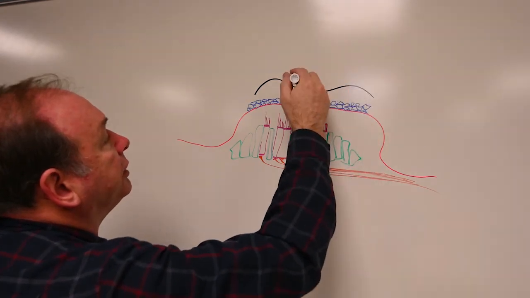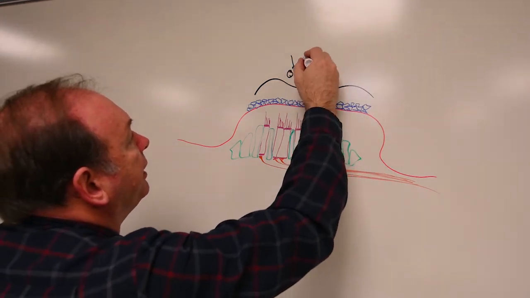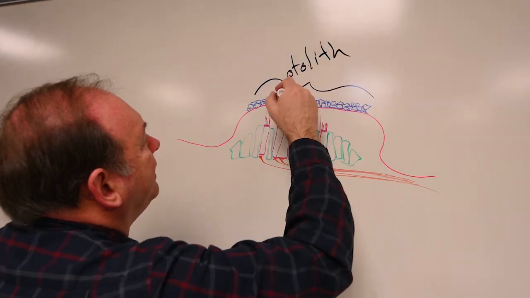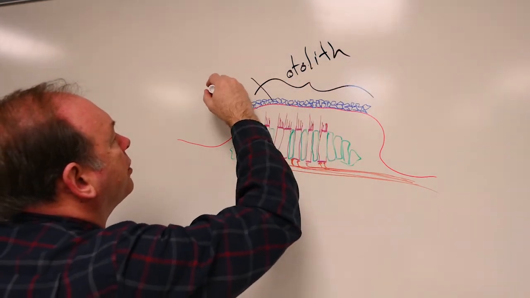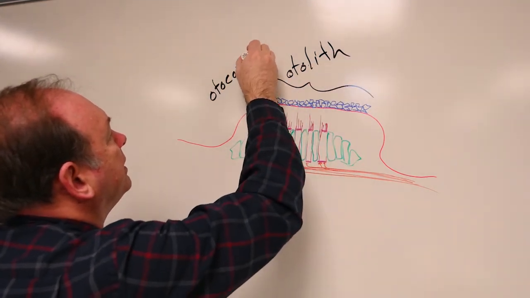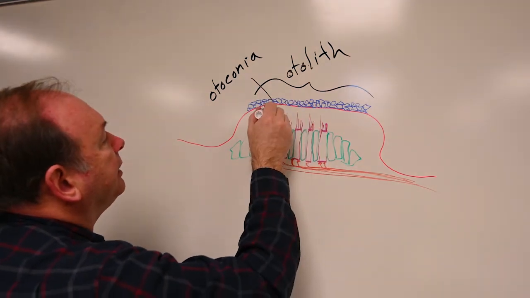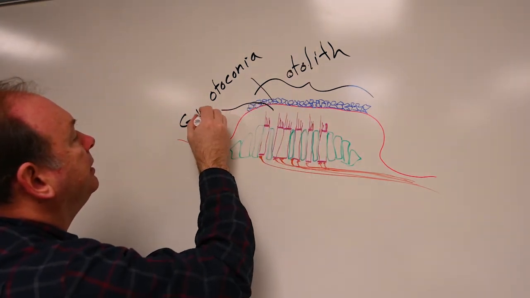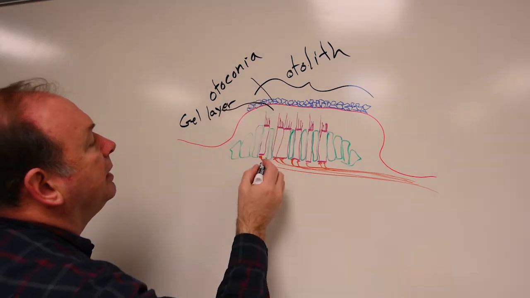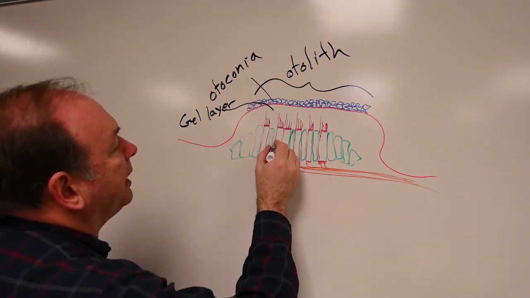So this whole structure here fused together is referred to as an otolith. The individual crystals are autoconia. There's a gel layer. There are sensory cells or hair cells.